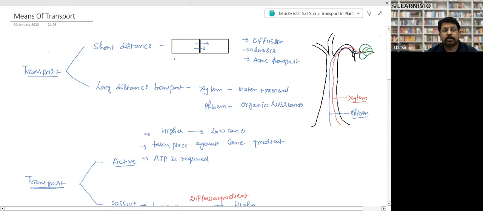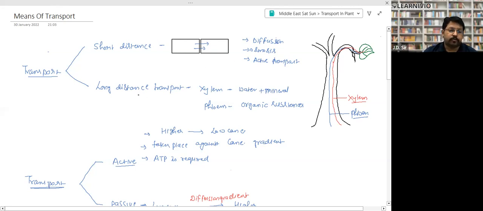This takes place by the process of diffusion, osmosis, or active transport. We'll discuss all that.